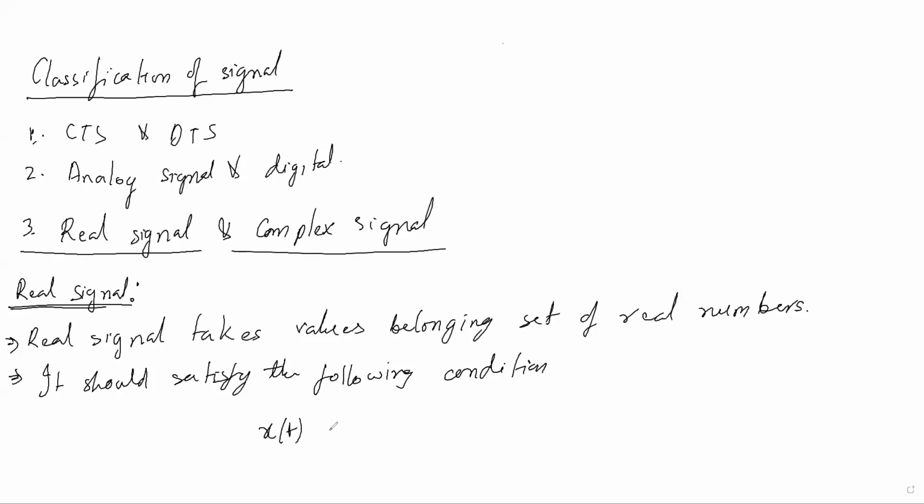x of t should be equal to x star of t. So what is meant by x star? x star is nothing but the conjugate of the signal x(t).